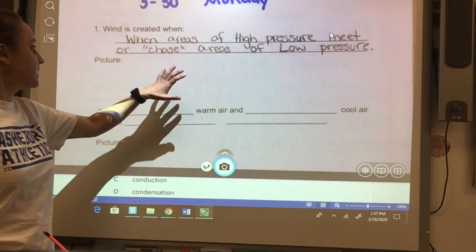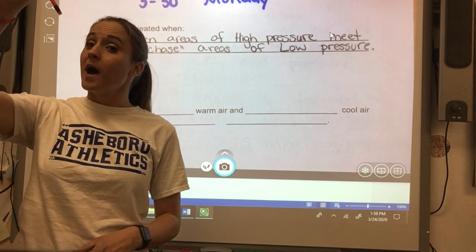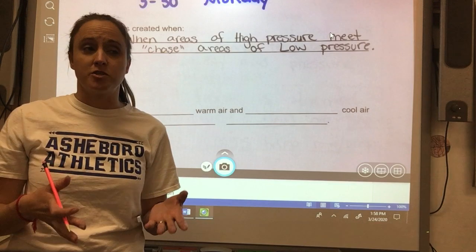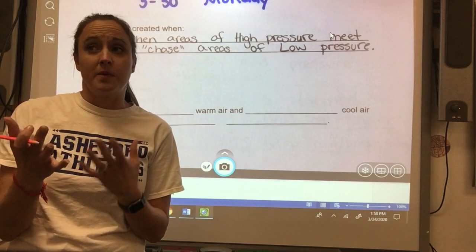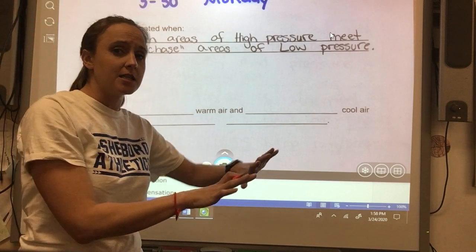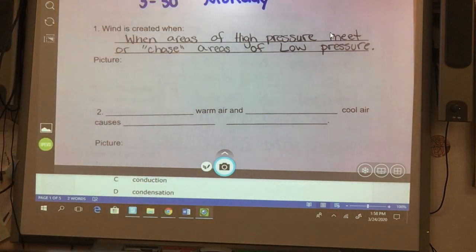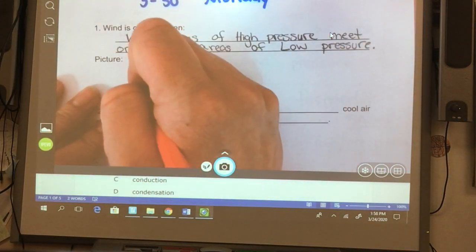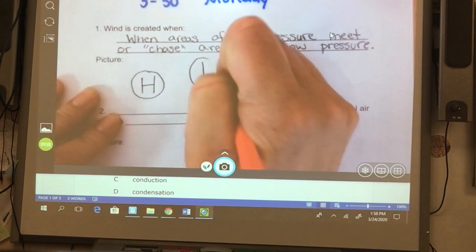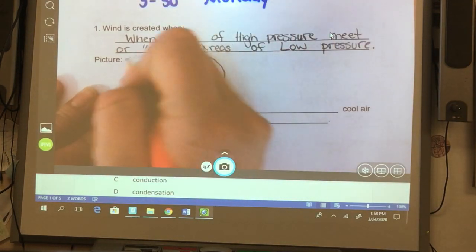A picture that's going to go with that is going to show us that wind will always flow from high to low. Anytime you have a high pressure system and a low pressure system, that high pressure system doesn't like the pressure that it's under and it wants to balance itself out. So it's going to chase that low pressure, trying to find that balance of pressure. We're going to put our area of high pressure and our area of low pressure, and the area of high pressure is trying to get towards the area of low pressure.